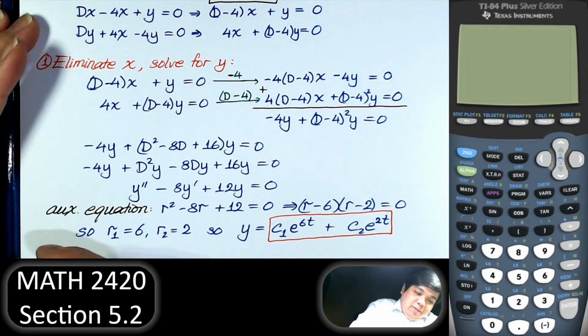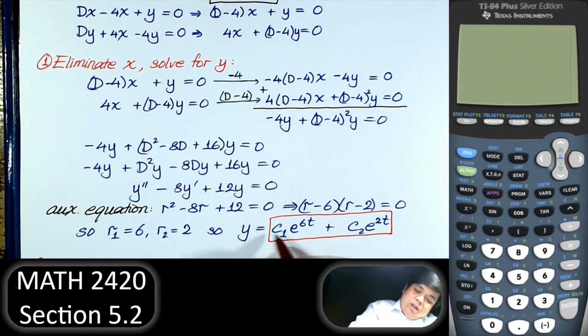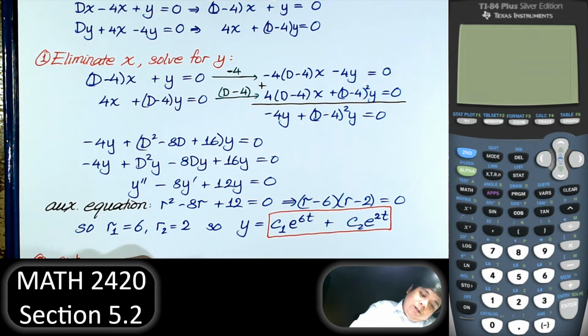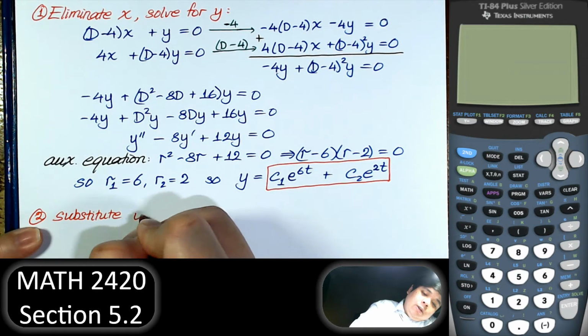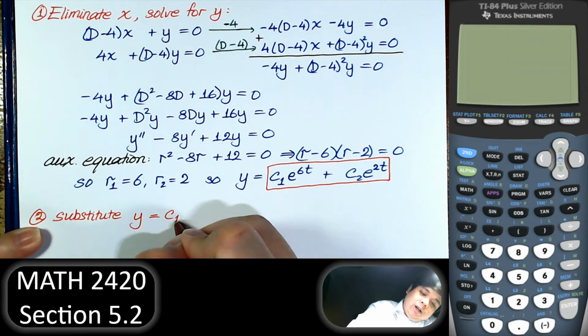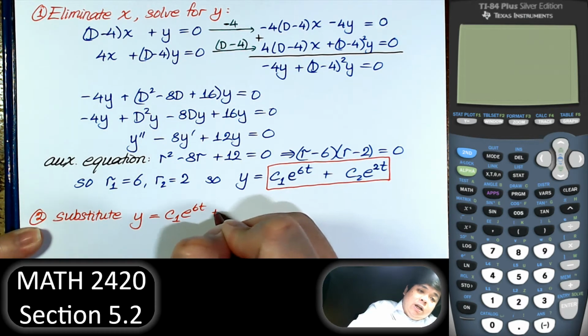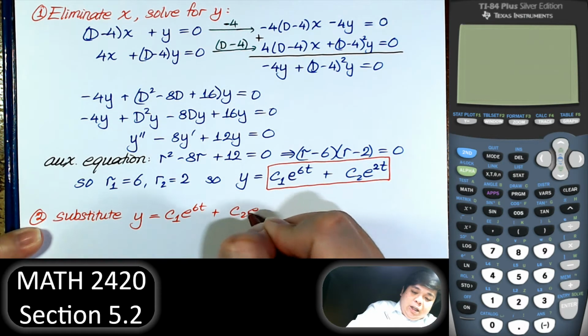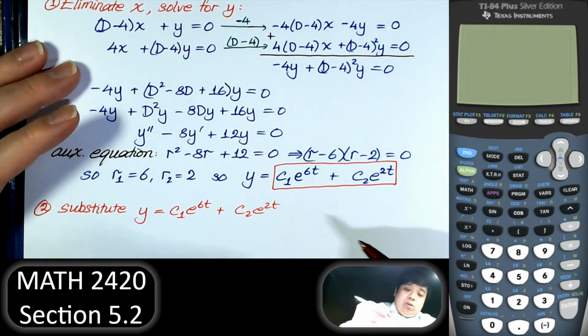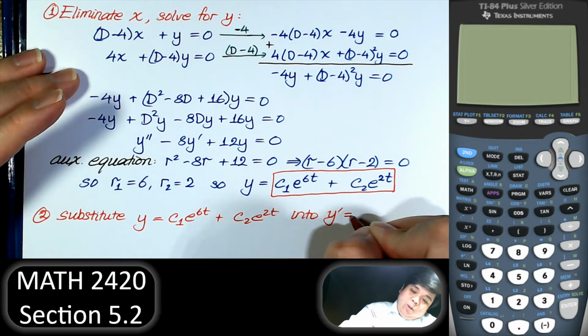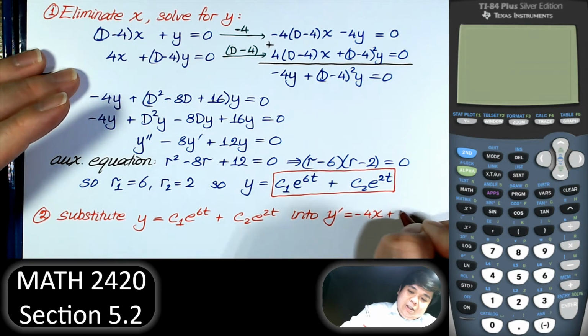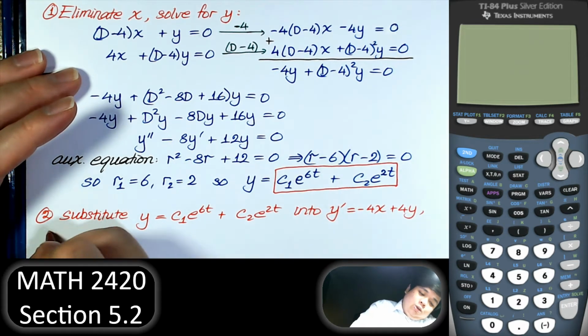So second step, we substitute y equal to c1 e to the 6t plus c2 e to the 2t. We substitute that into this equation to solve for x.